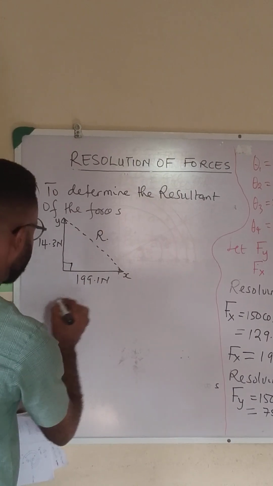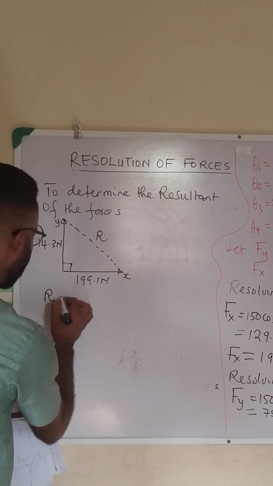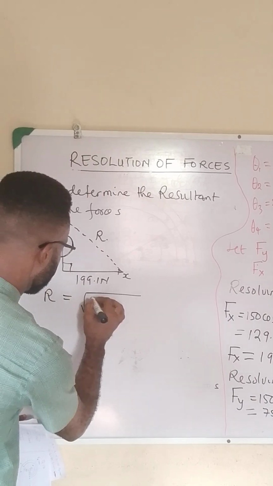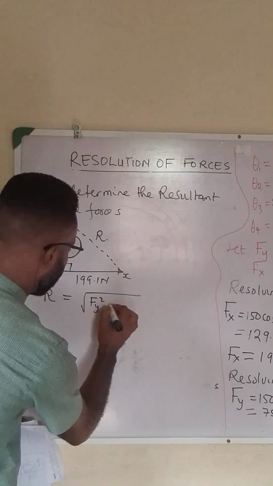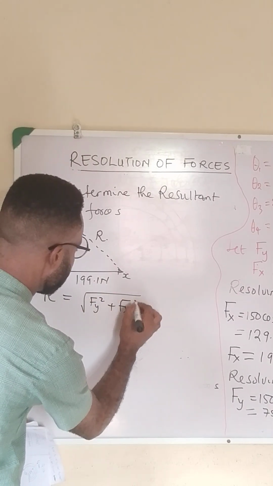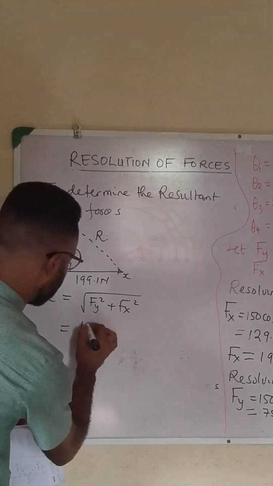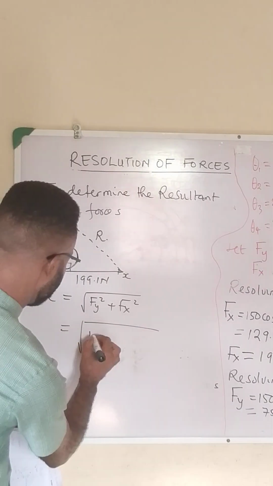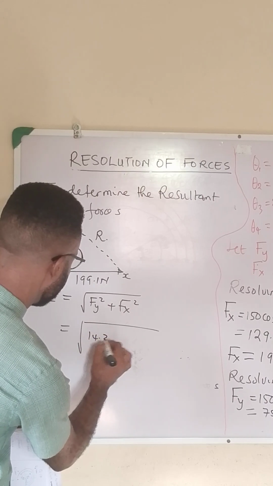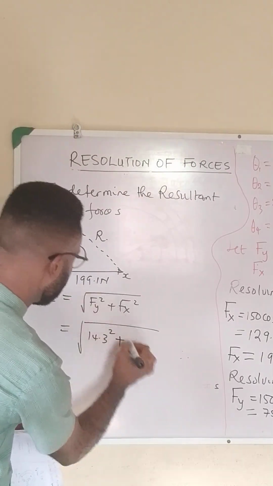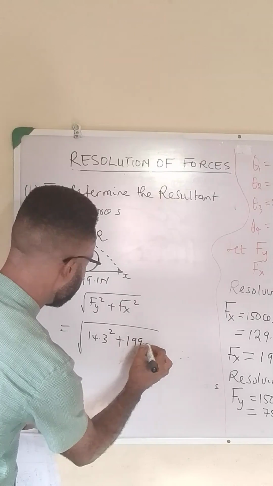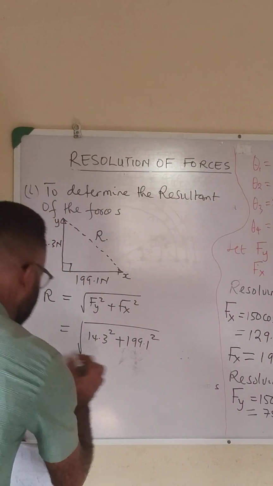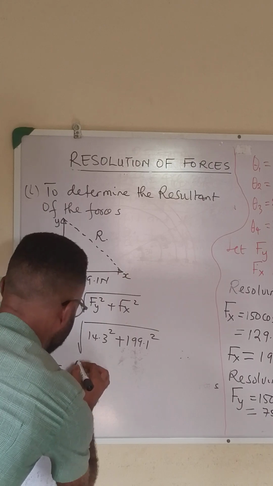So R will be equal to the square root of Fy squared plus Fx squared. So this will be 14.3 all squared plus 199.1 all squared.